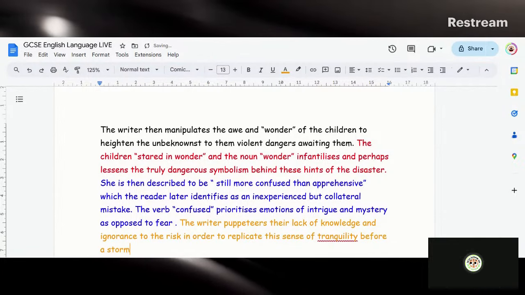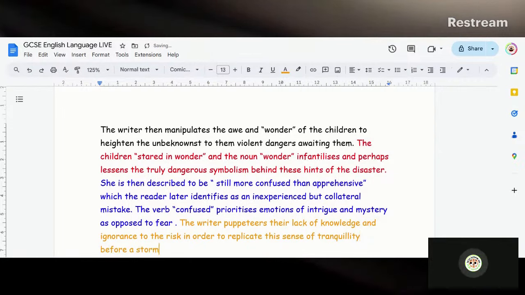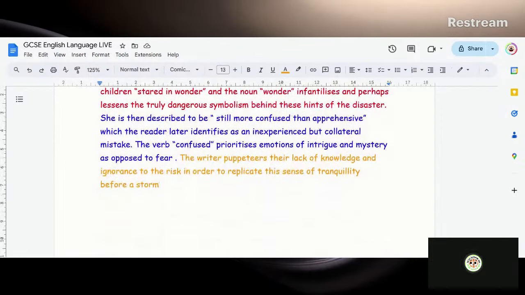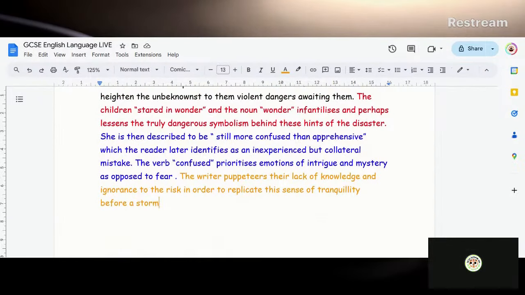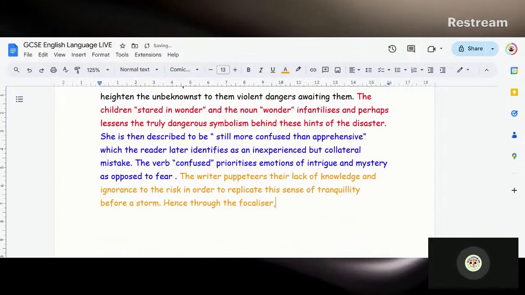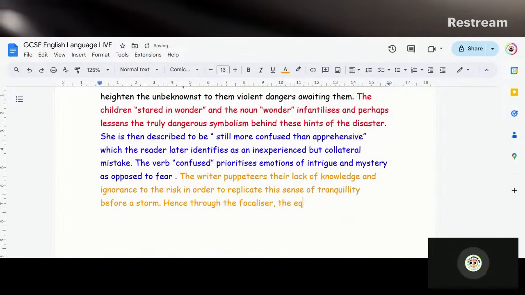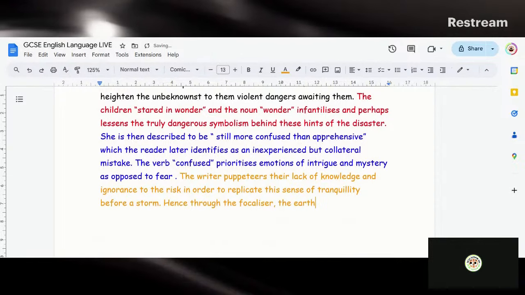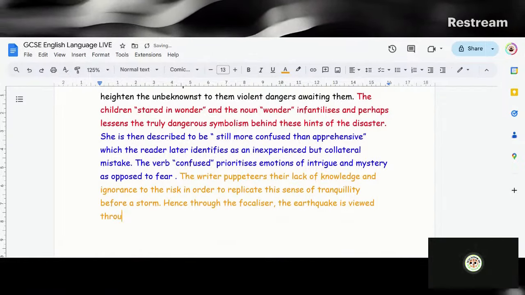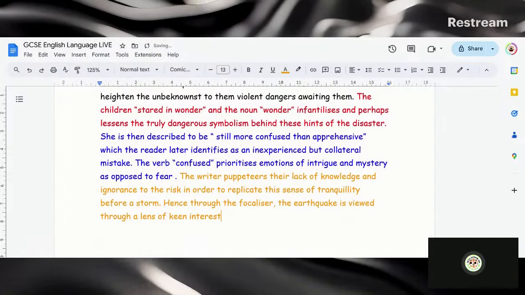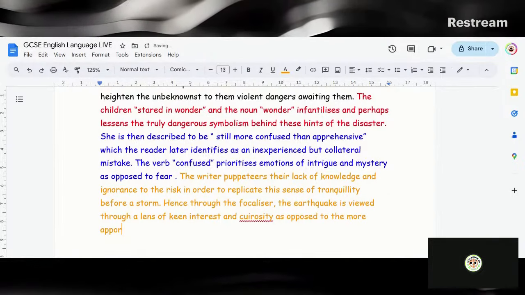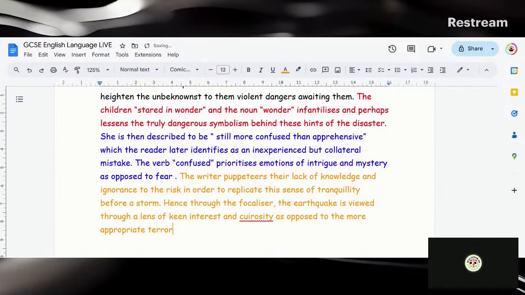If you've ever heard of that phrase where everything is calm before a storm happens, it's that sense of the writer really imagining those things and really making them come to life with this. And then we can say, hence, now we're responding to the statement, through the focalizer, the earthquake is viewed through a lens of keen interest and curiosity, as opposed to the more appropriate terror.